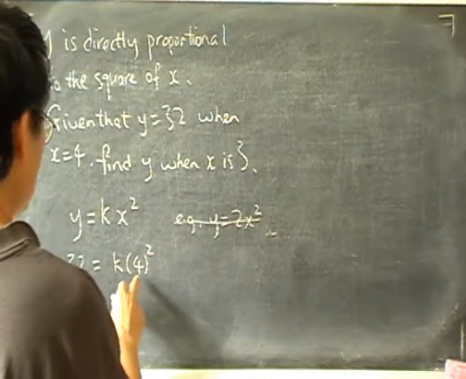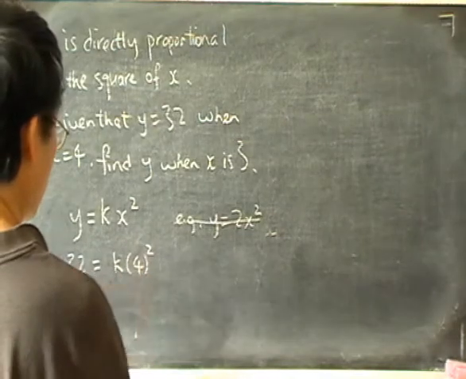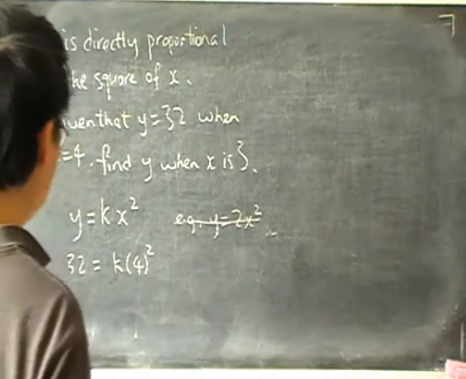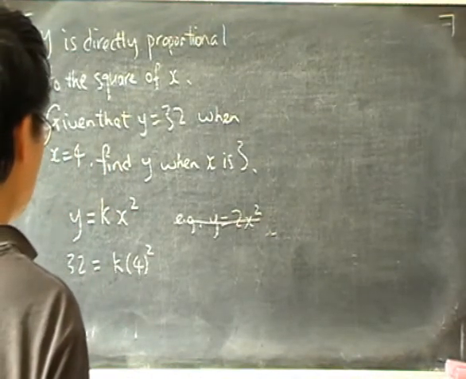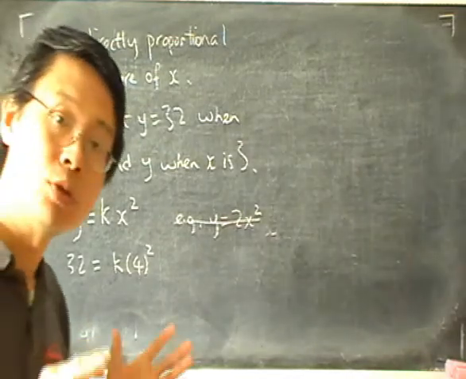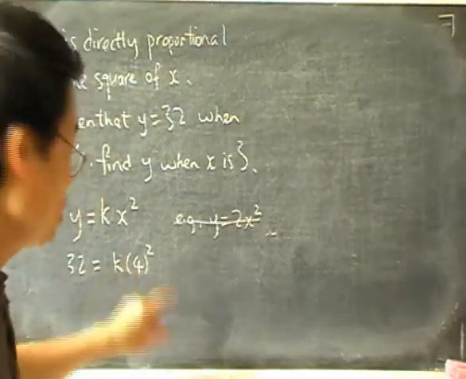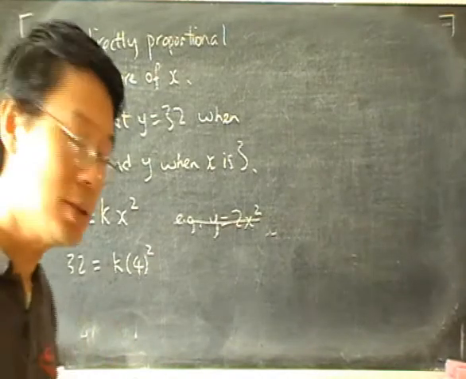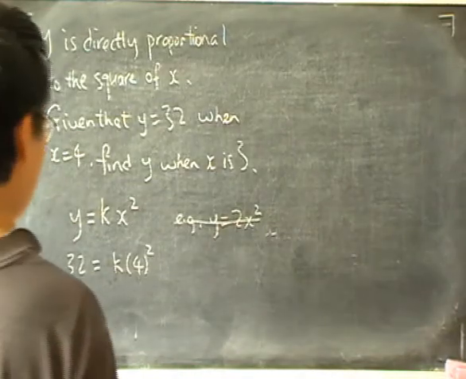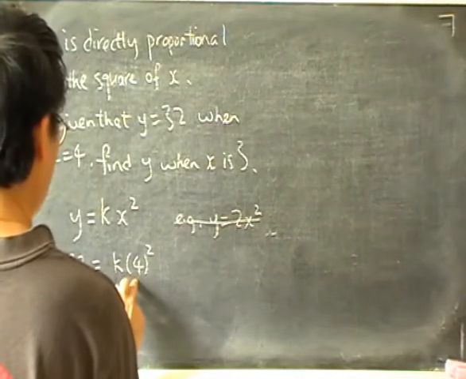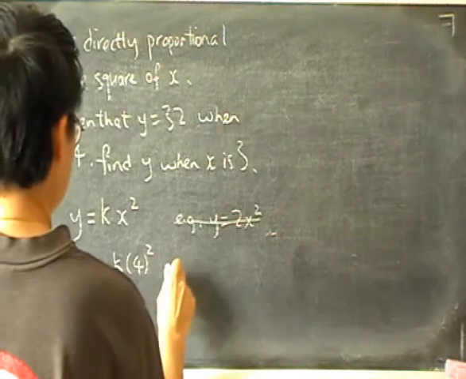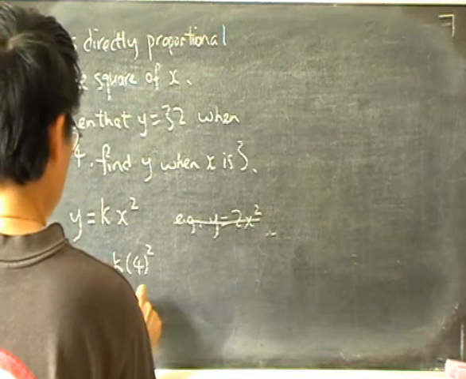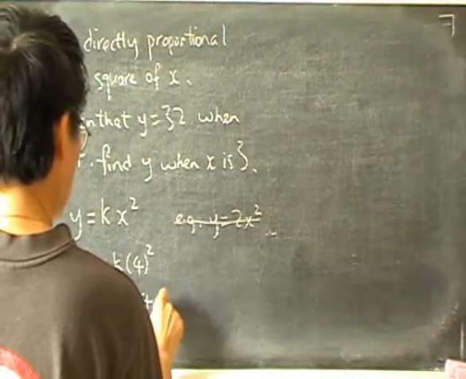Now I can square that. I can do 4 squared, which is 4 times 4 is 16, and then I can divide that. But it's sometimes useful not to calculate the numbers immediately. This is what I mean. I can think of the 4 squared as really the same as 4 times 4.